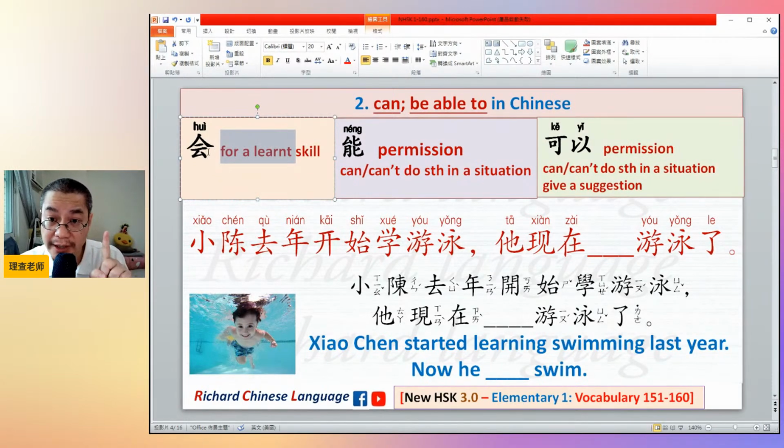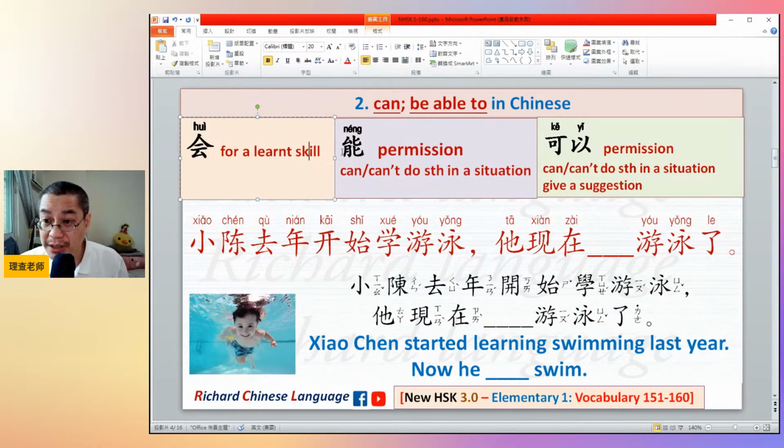So when you use 会, you're talking about a skill and you are learning it, or you know how to do the skill. So when you use 会 for can, that means you know how to do this learned skill. You have already learned it.